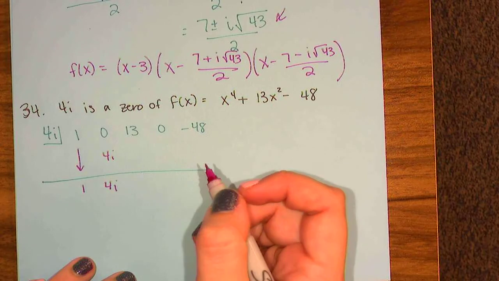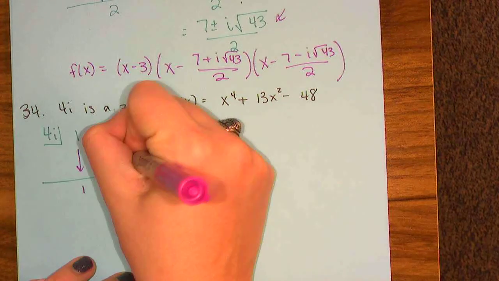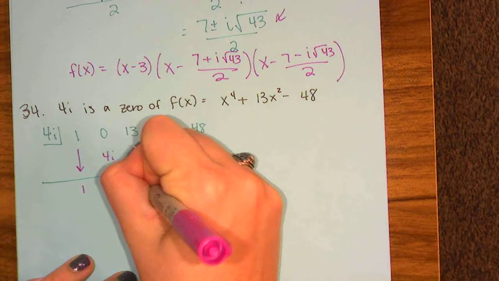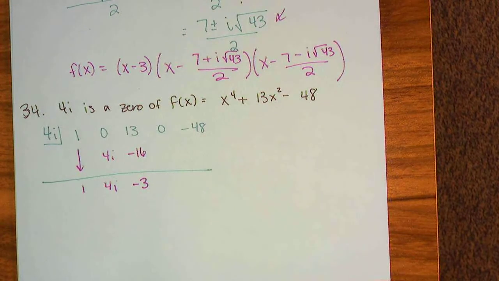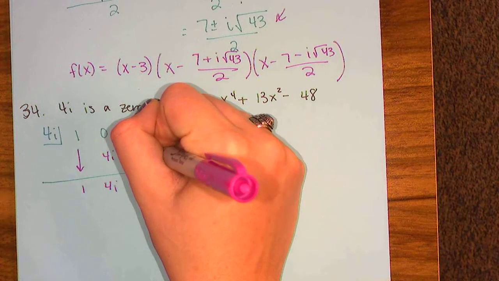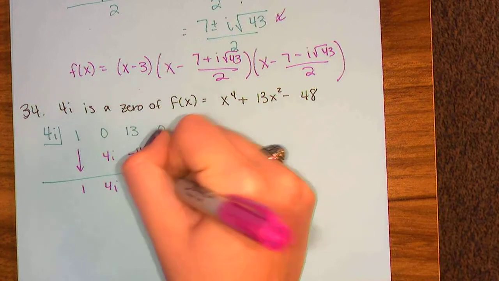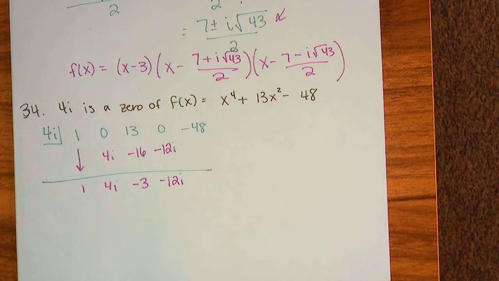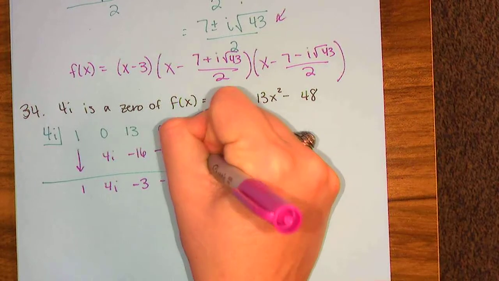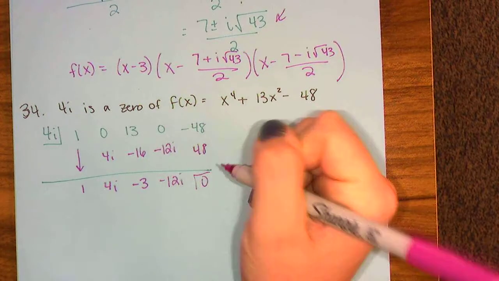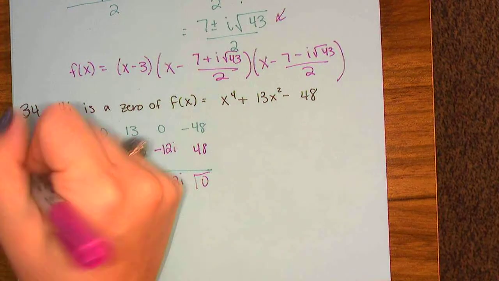Which is what? Which is? Okay, so 4i is in fact a factor.